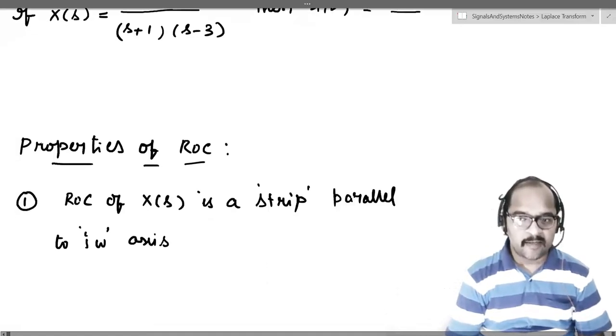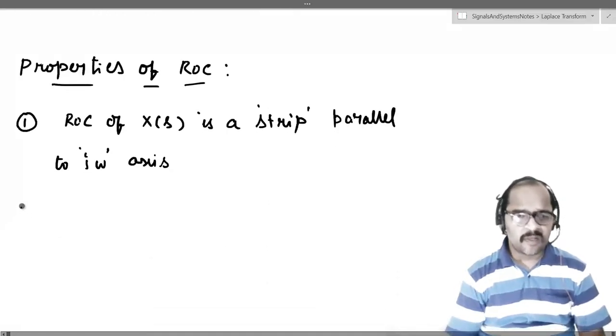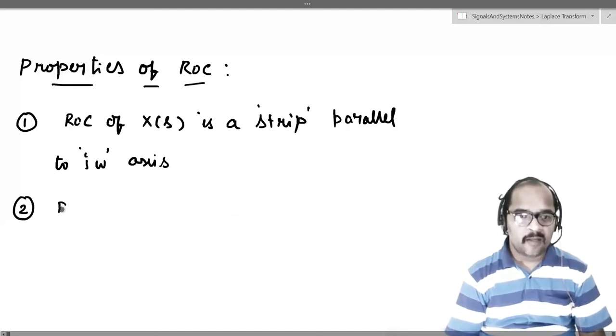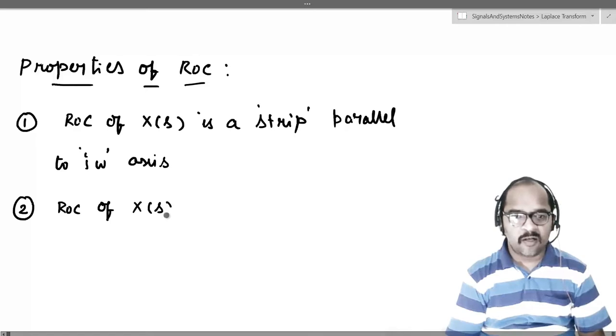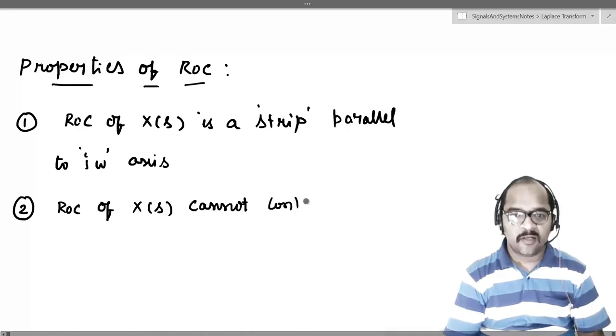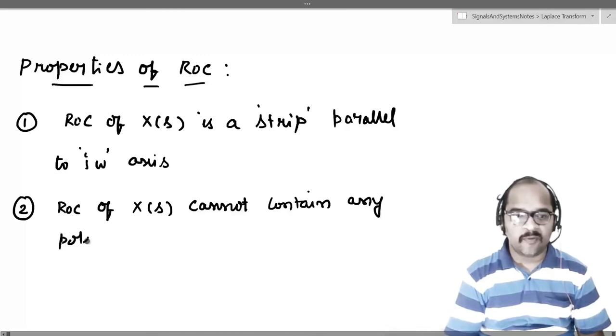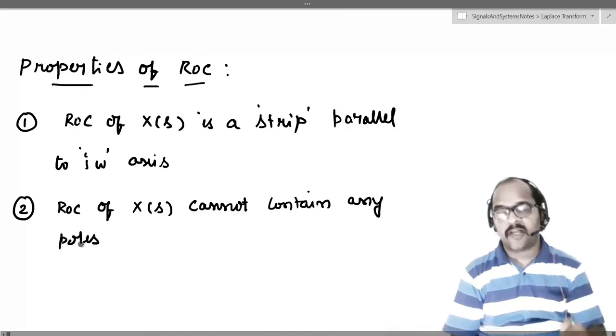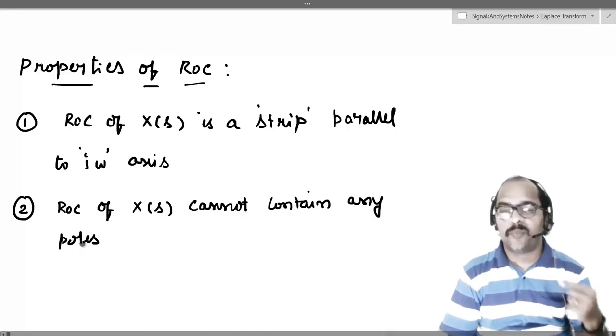Next, the second property: ROC of X(s) cannot contain any poles. That makes sense. Why? Because if it contains poles, what will happen at the poles?